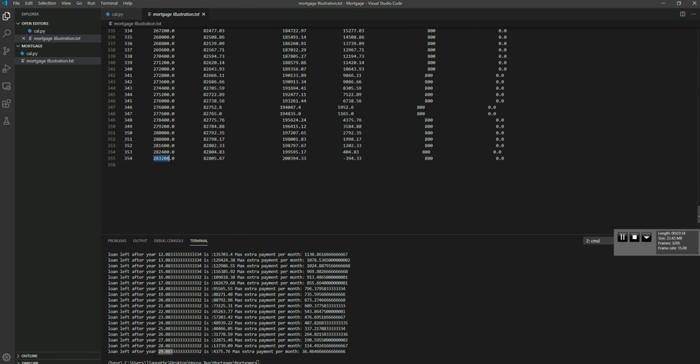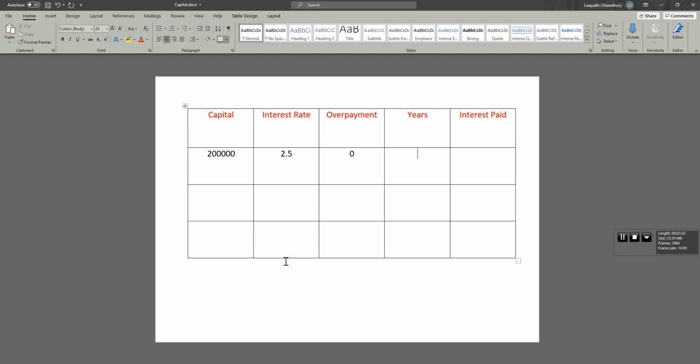So you are paying 283,200 dollars, and of course you are paying 200,000, which is the money we borrowed, but you are paying 82,805 as an extra amount. So let's say 29.5 years, and we are paying an extra 82,000, it was 805, I guess.